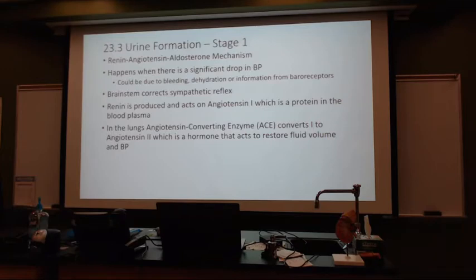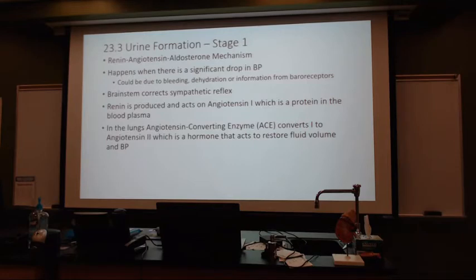The reason that the person is put on blood pressure medications is in the hope that they keep their blood pressure under normal conditions, and they're not doing damage, number one, to their kidneys, but to many other organs of the body.